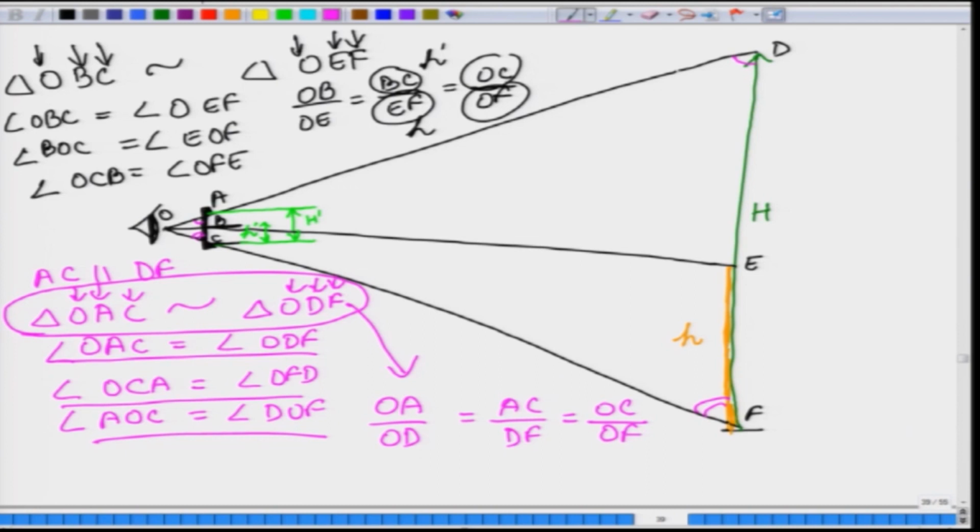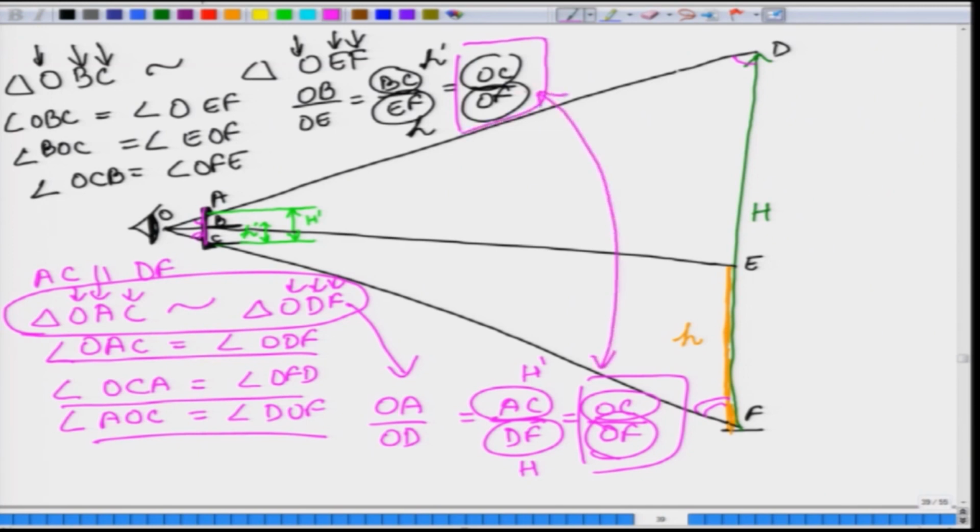Now, in this case, we know AC. So, AC is this much, which is h prime, and DF is capital H. This is equal to OC divided by OF. Now, this figure of OC by OF, we are seeing it in both the places.